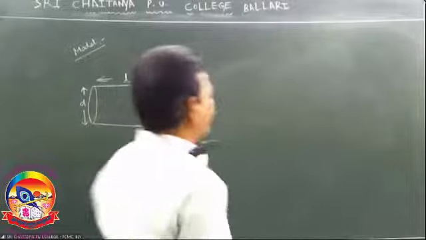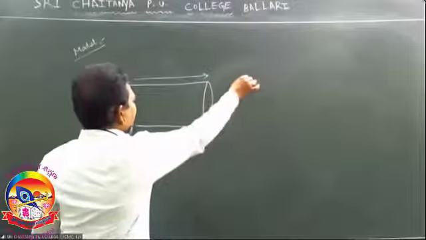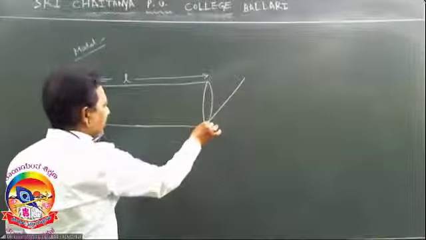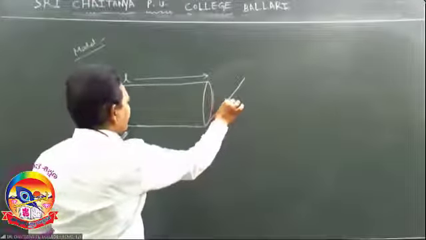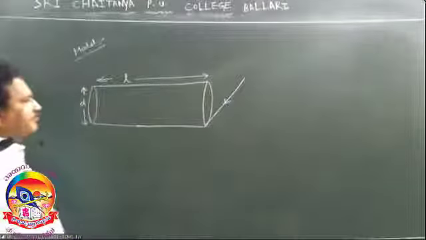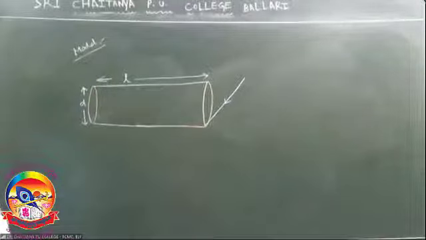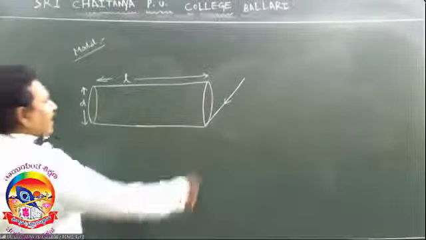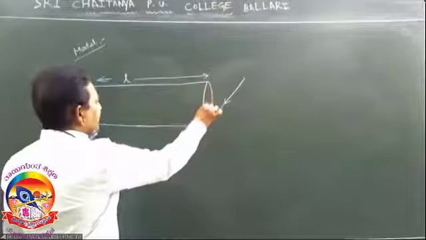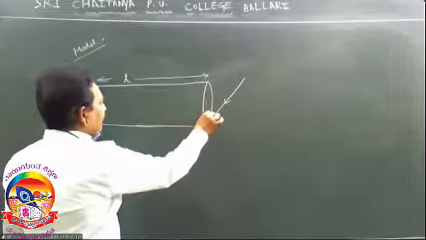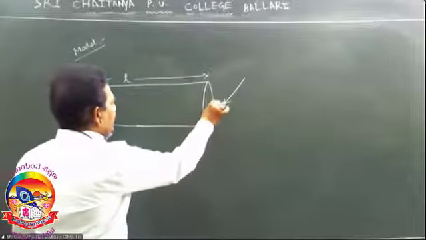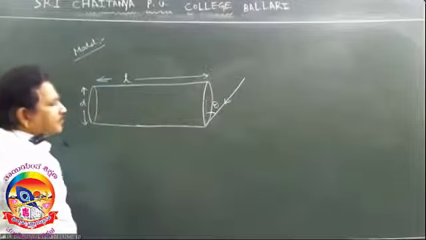The light ray is made to incident at one corner. Angle of incidence is theta.